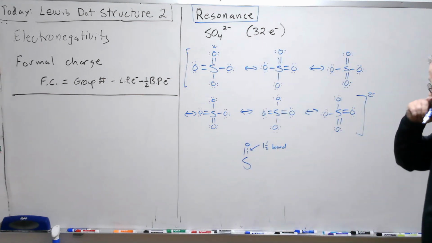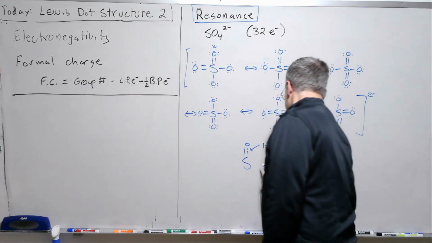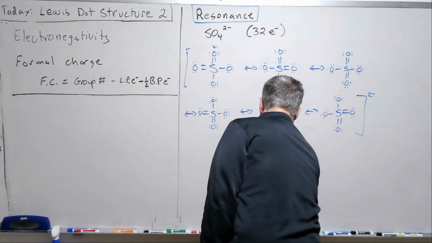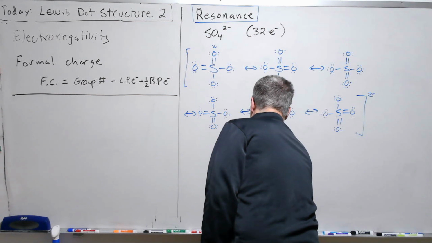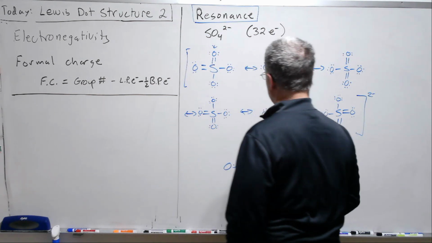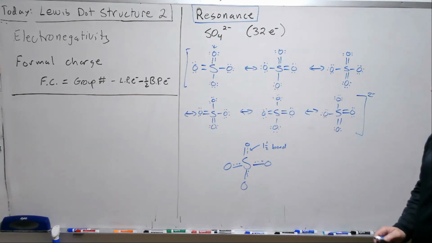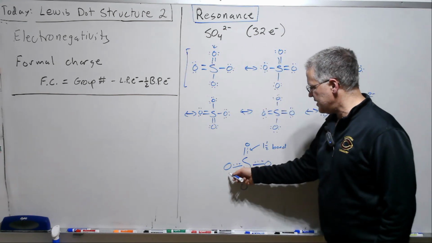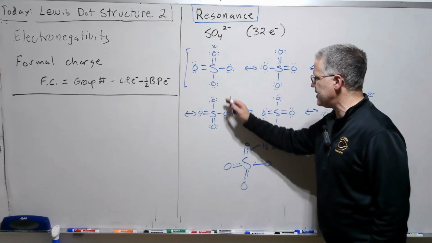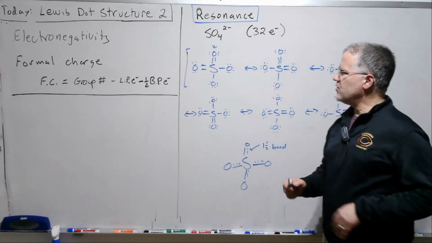Okay. And that will be the same for all the others. And so we can draw something like this to represent this whole thing. Now the trouble with this is it makes it hard to put the lone pairs on. So it's good to know this.